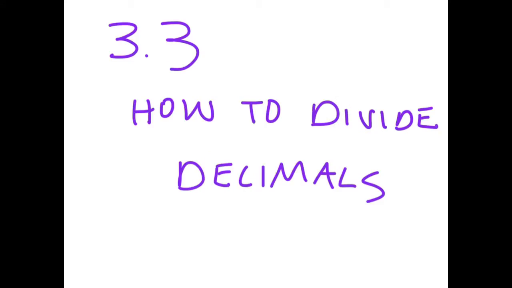3.3 How to divide decimals. Our division problem is 1.06 divided by 0.2. You cannot divide the divisor into the dividend as long as it's still a decimal.